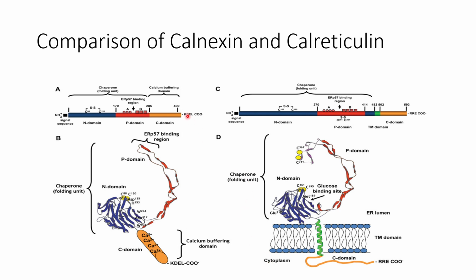One more difference that we need to understand is that since calreticulin is an ER lumen protein, it has the signature sequence KDEL. Any protein that has the KDEL sequence will finally have its final destination in the endoplasmic reticulum, whereas calnexin is a transmembrane protein, so it is not necessarily that this section of the protein will be in the ER lumen.